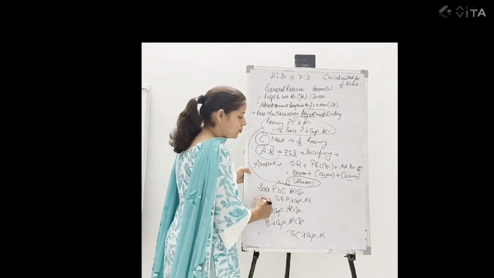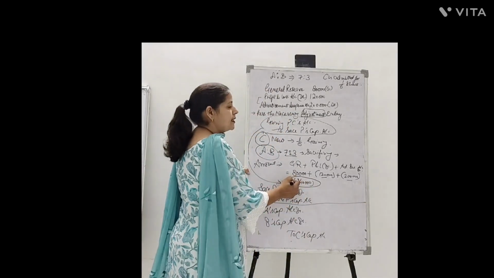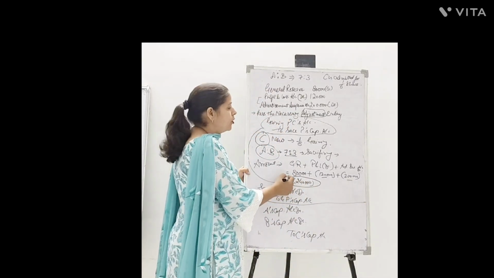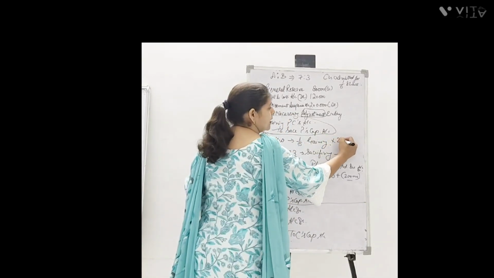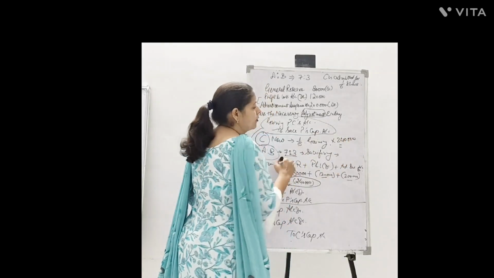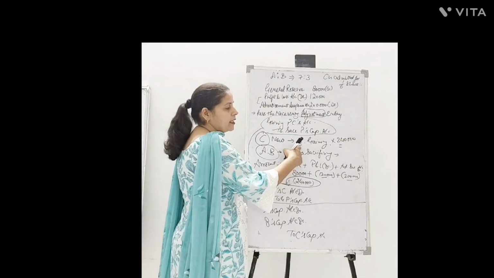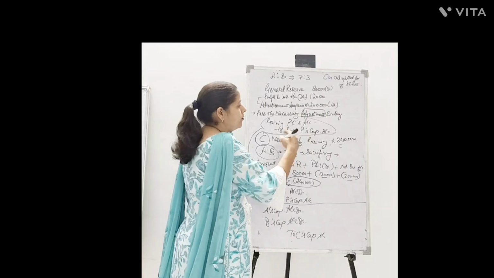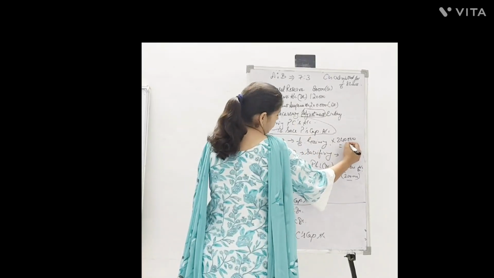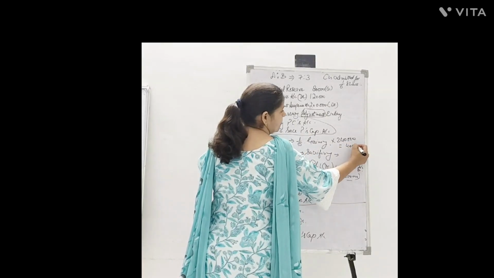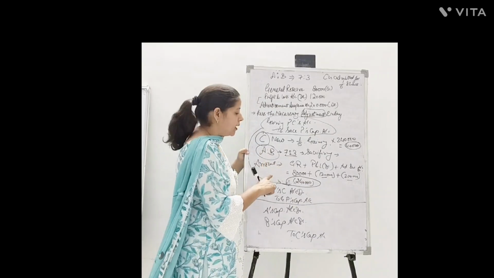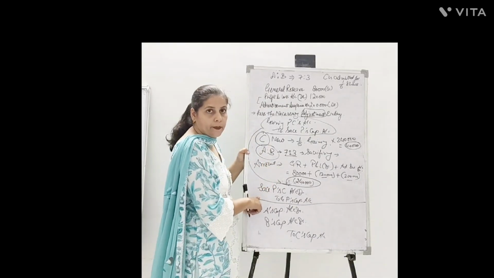Now, what amounts are to be considered here? This negative value, this amount would go for the partner who is gaining in the firm. So 2,40,000 divided by 6 will give you a value of rupees 40,000 here. Now this value is negative, but we have put the journal opposite.